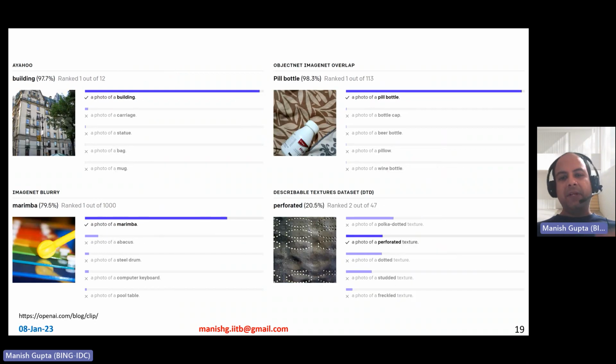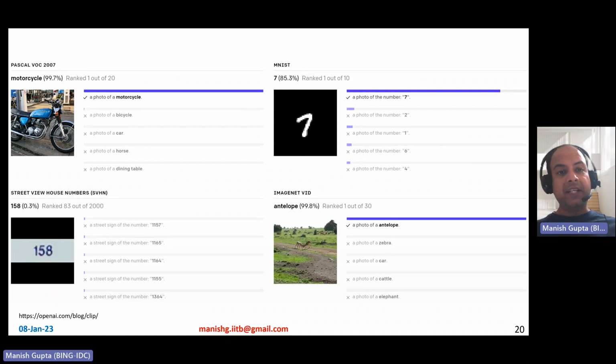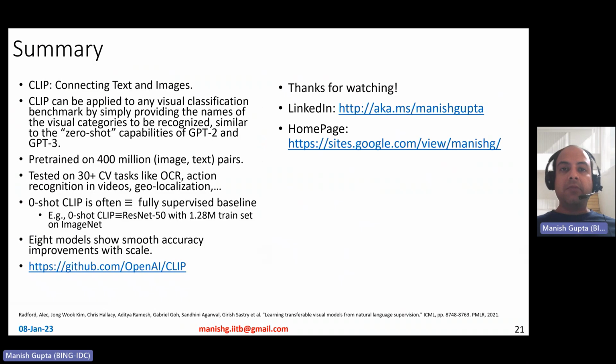So many data sets that people have tried these models on. And as you see, in most of these cases, the CLIP model gives you really good results. I'll not go over everything, but there is a large variety where the CLIP model has been shown to be promising. In fact, CLIP was proposed in 2021, and in 2022, it remained the most popular model for modeling text and images together.